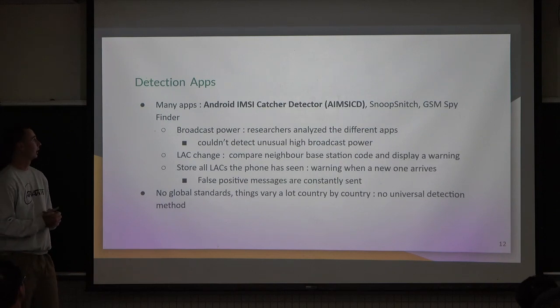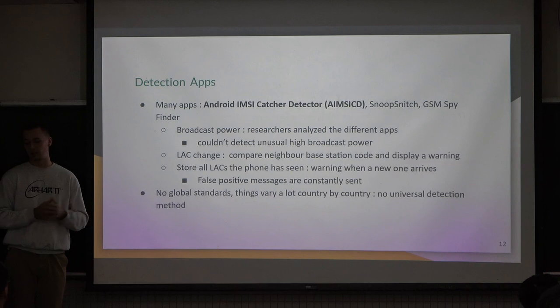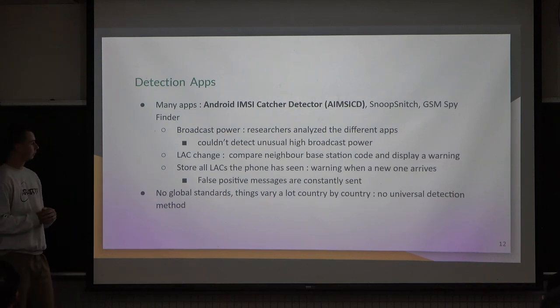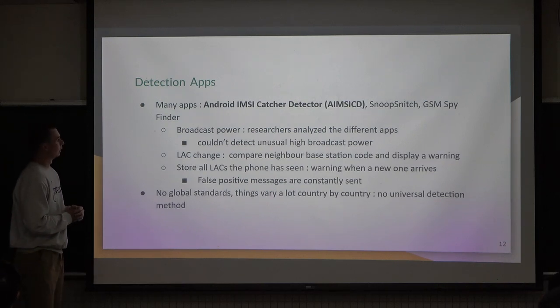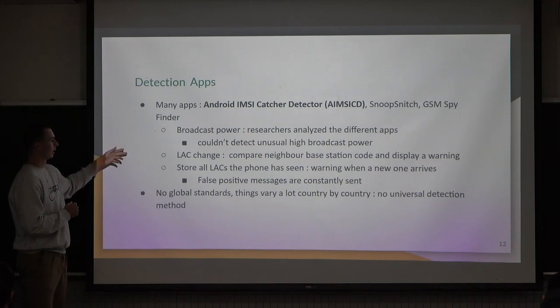So we have some detection apps that use the principles that I just explained. We have the Android IMSI-Catcher Detector, SnoopSnitch, GSM Spy Finder. They use the broadcast power and the LAC change.